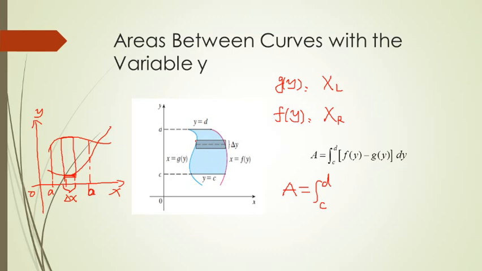The difference of two function curves will be the right side curve minus the left side curve. That is the height of each rectangle, so it is the right function curve minus the left function curve, this time with the independent variable y.